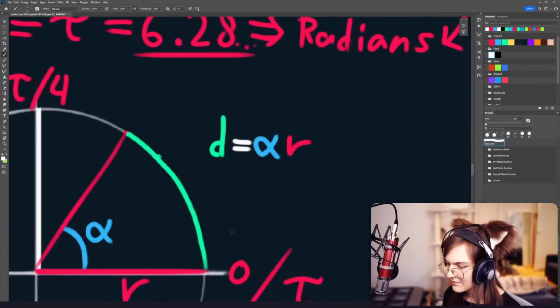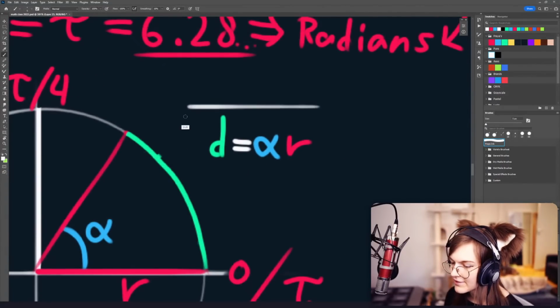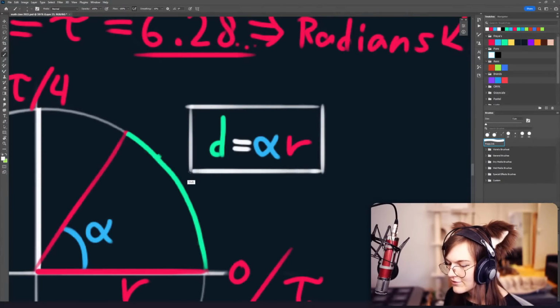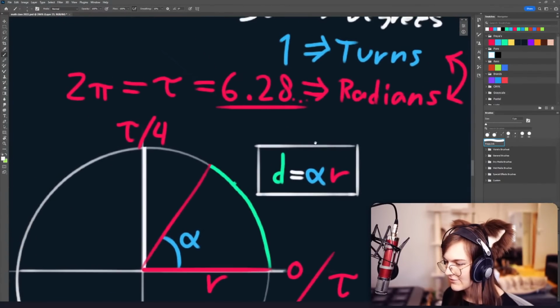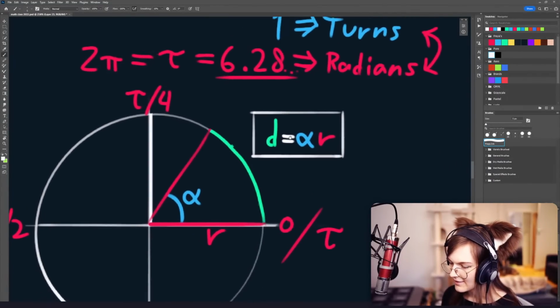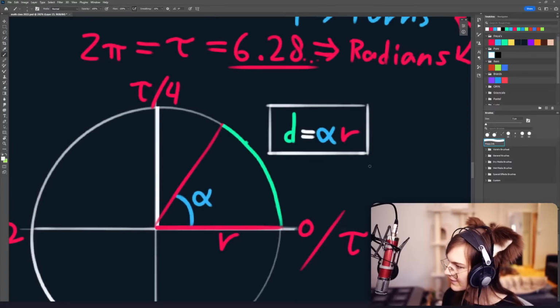And this only works if you're using radians. If you're not using radians, you're going to have to add a bunch of conversion factors to convert to radians in order for this to become more simplified. So this is a really, really nice relationship.